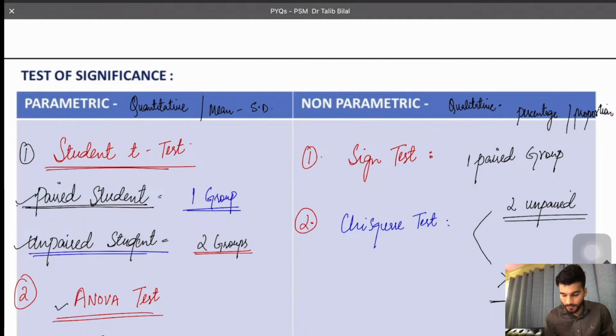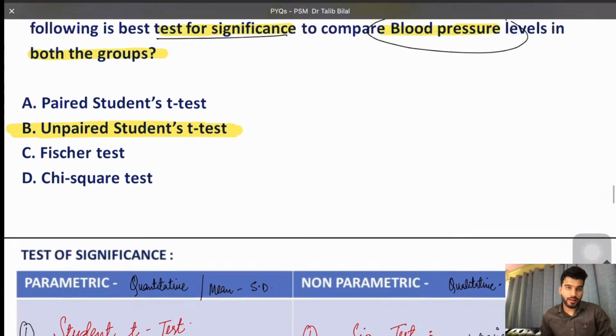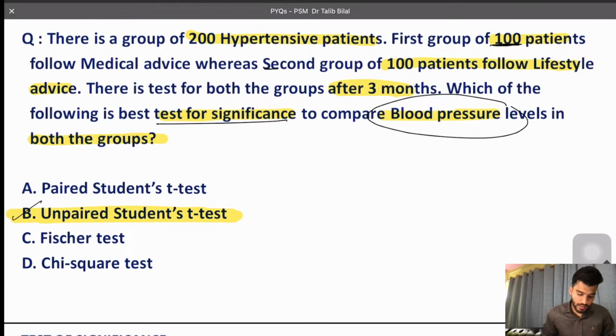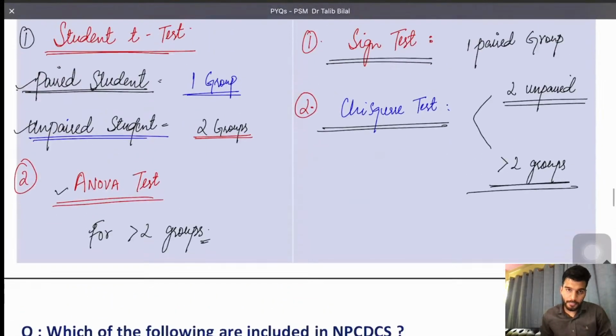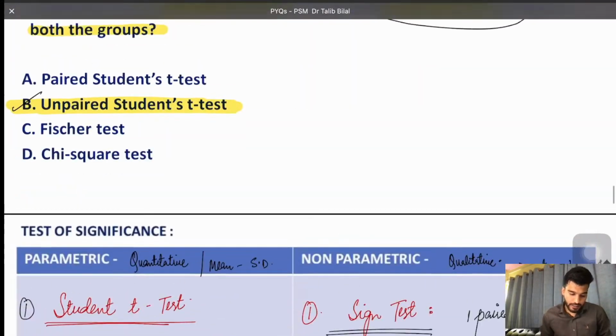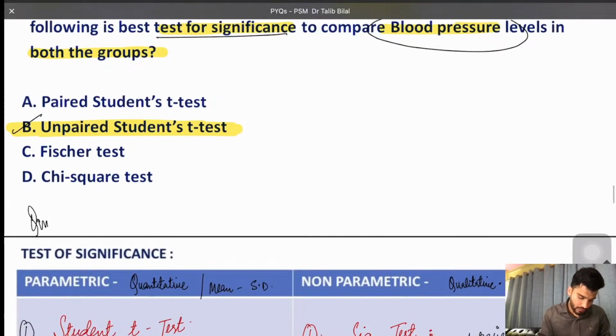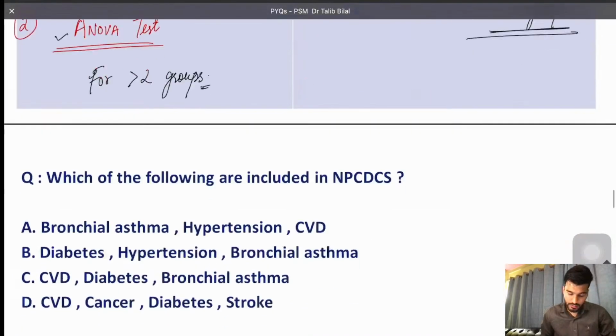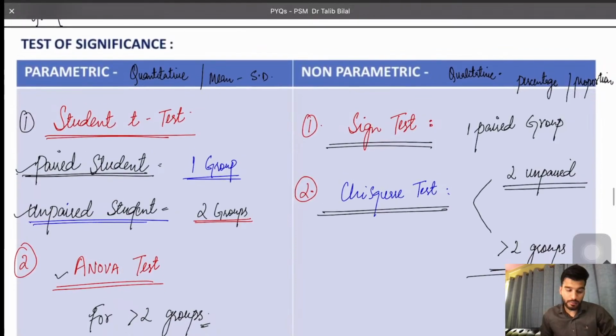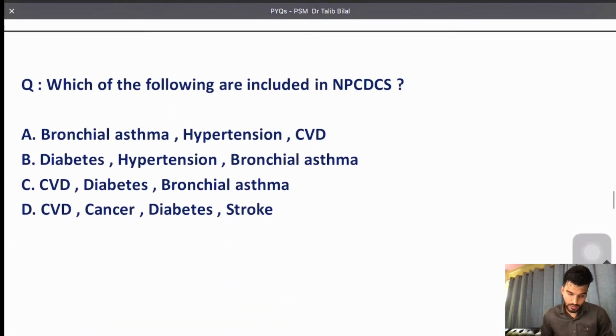If it's one paired group for qualitative data, your answer is sign test. If two unpaired, chi-square; more than two groups, again chi-square test. So for this question, unpaired student t-test. Remember this, very important question, guys. They will ask this question, so remember this table so that you can solve these questions easily.